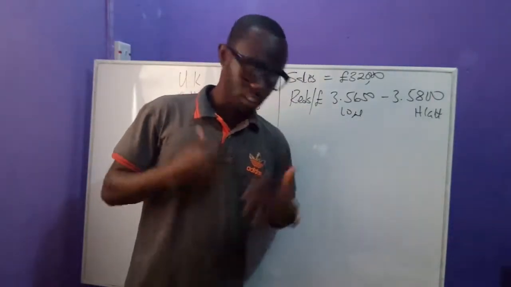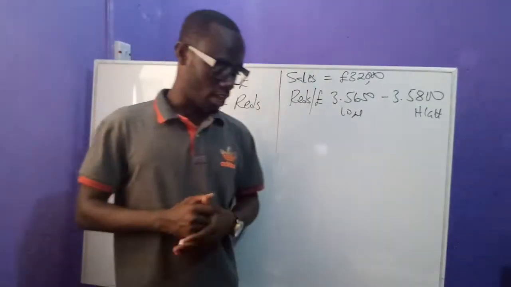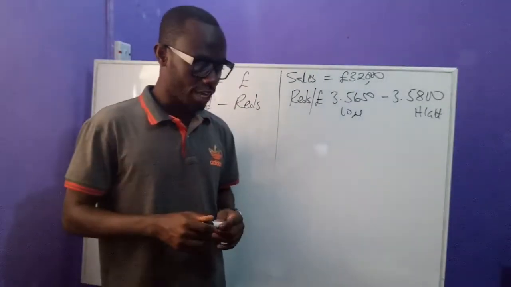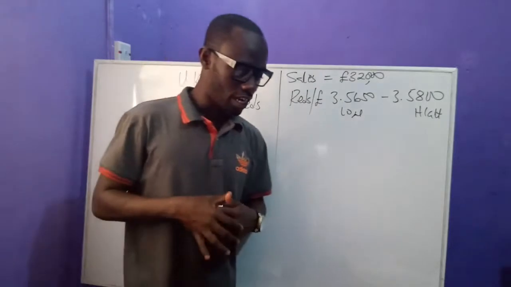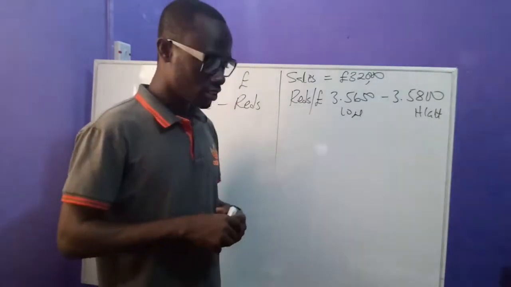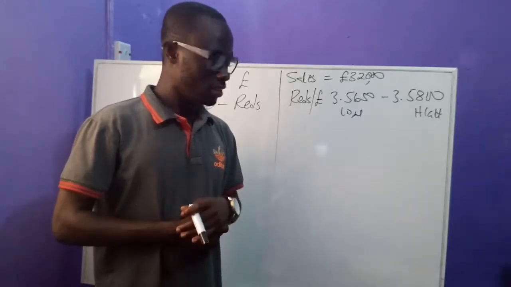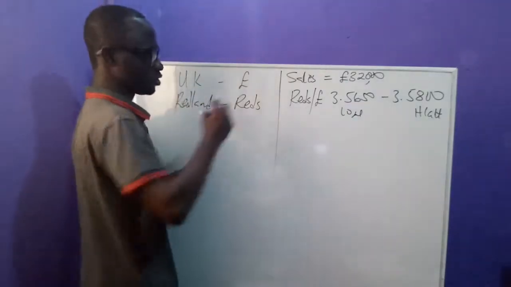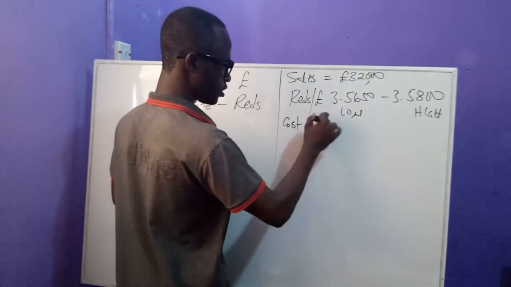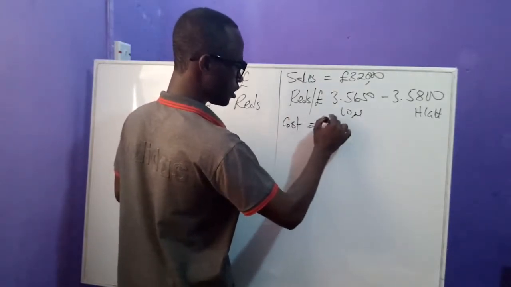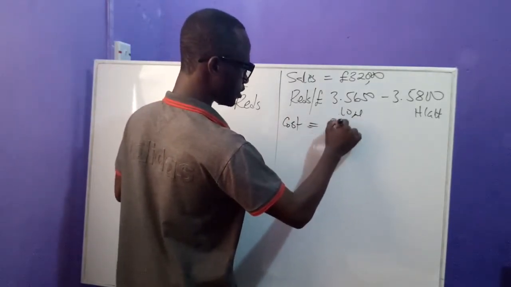So let me take the question over again so that we get the idea. Bulldog Limited, a UK company, buys goods from Redland, which cost 100,000 reds, the local currency. So the cost of the goods is 100,000 reds.